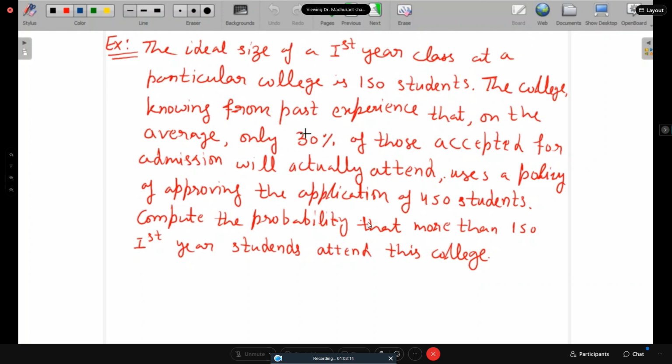So you can model this random variable using the binomial, with n equals 450 and p equals 0.3, and you are interested in finding the probability that X is greater than 150. Compute the probability that more than 150 first year students attend this college.